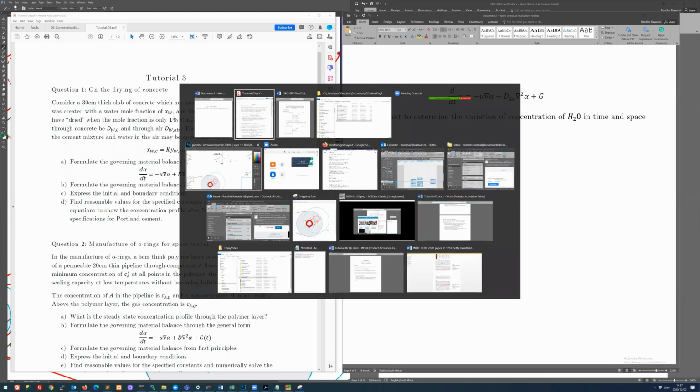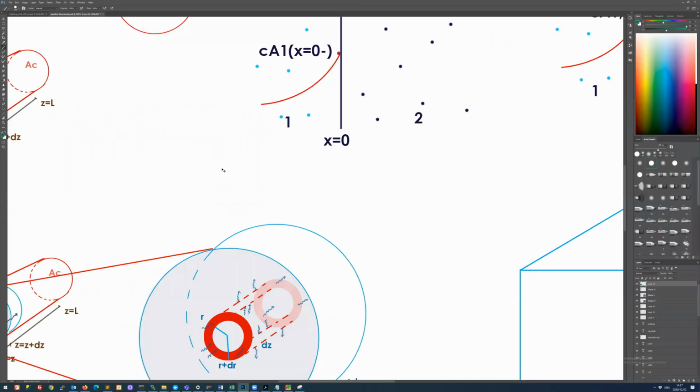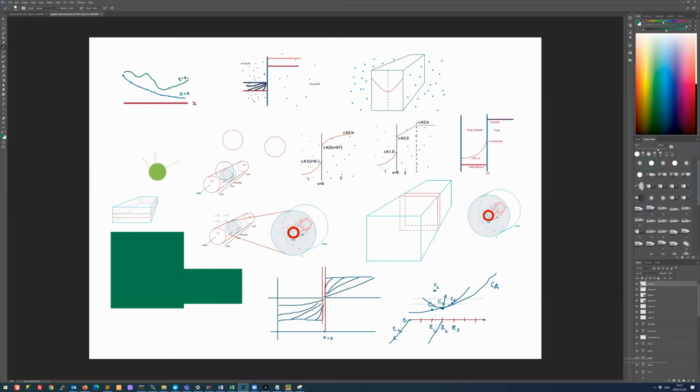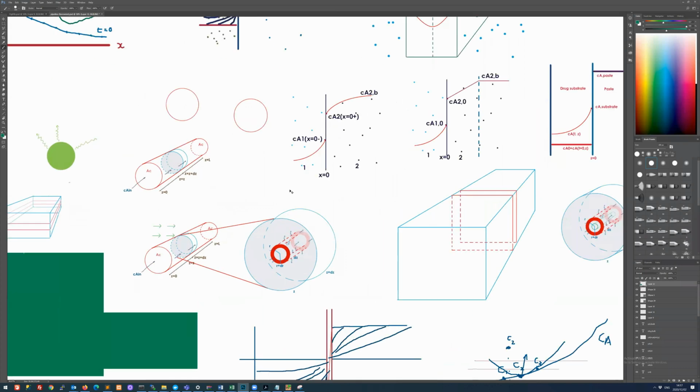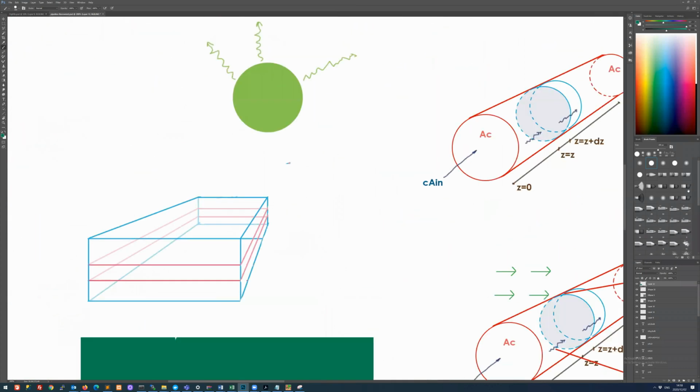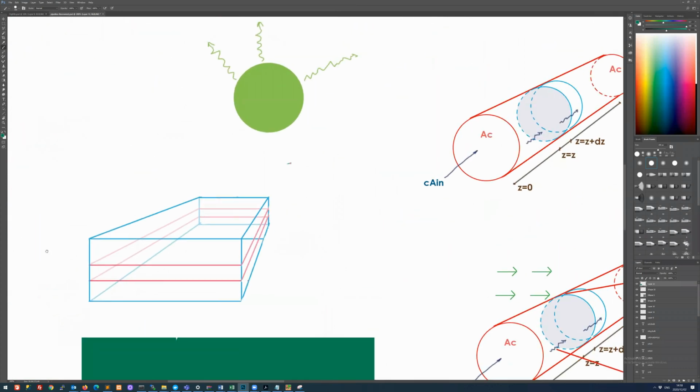So I did draw that. Tried to do a nice little perspective drawing here. So here's your slab. So this blue part here, that's your slab of concrete. And we are interested in the way that the mole fraction is varying through that slab.